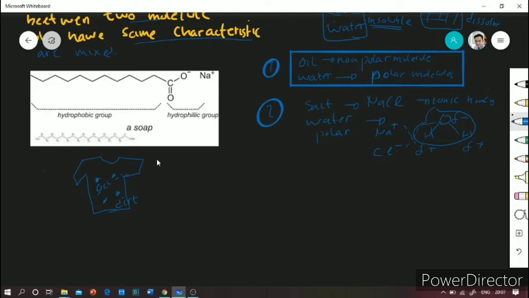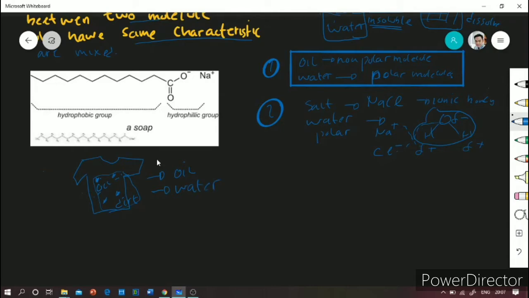If you want to remove them, the easiest way is you can give them oil and all of them will be dissolved and it will become clean. But after laundering it with oil, of course it's not going to be comfortable to wear it again. So the most common compound for us to clean with is water.